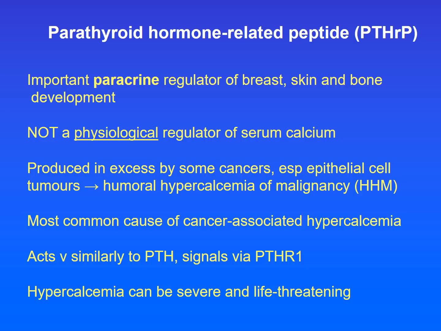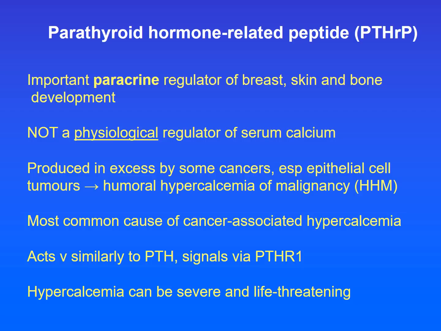We'll talk about that a little bit later when we get to the cases, but an important clinical point is that in situations where cancer-related hypercalcemia is present, it's almost always the case that by the time the patient becomes hypercalcemic, the cancer is either known or is easily detectable.